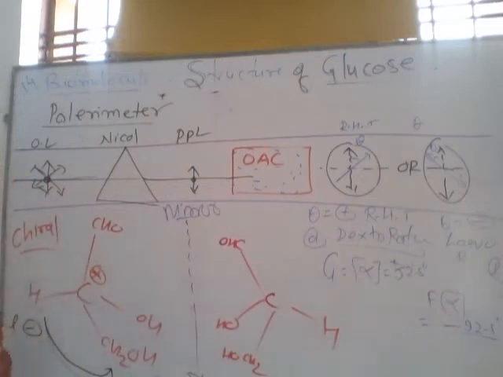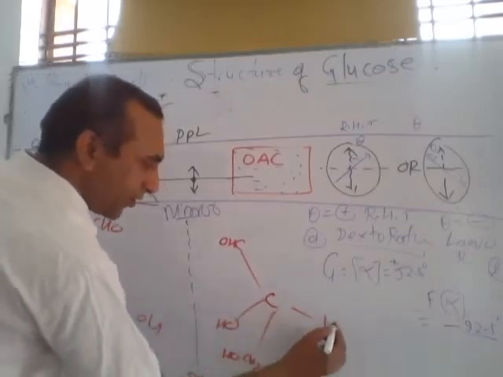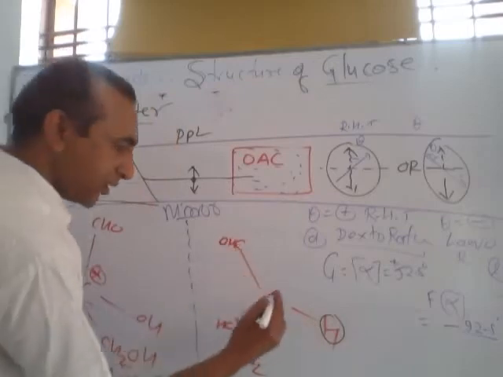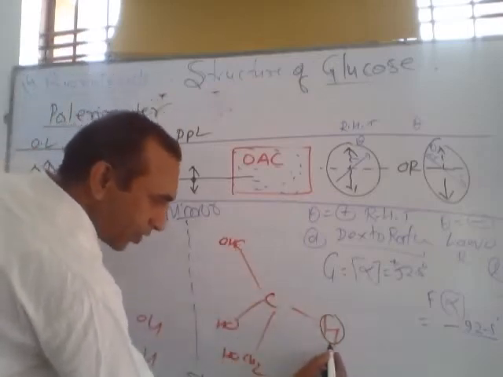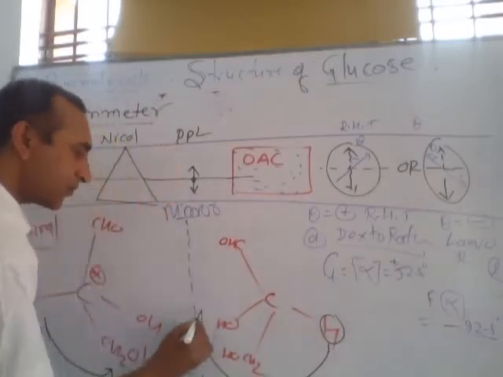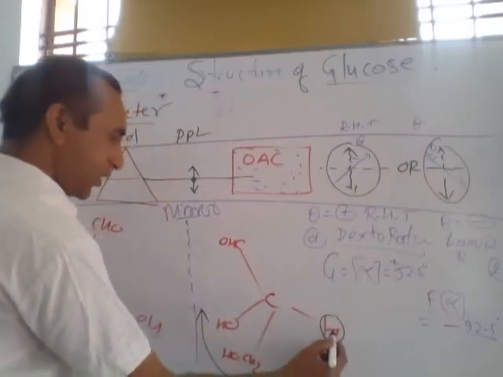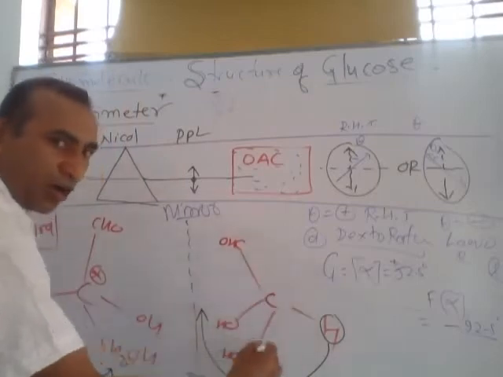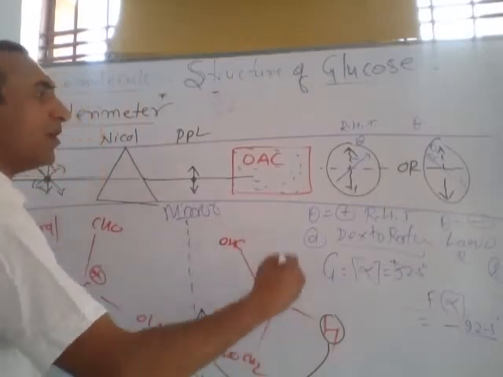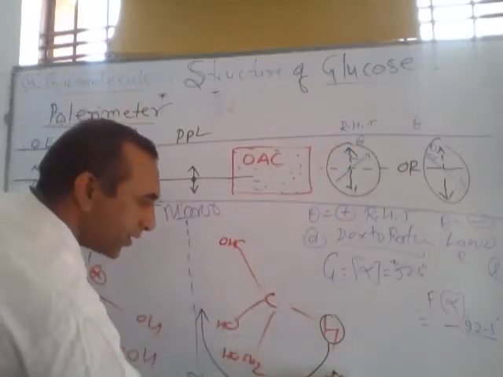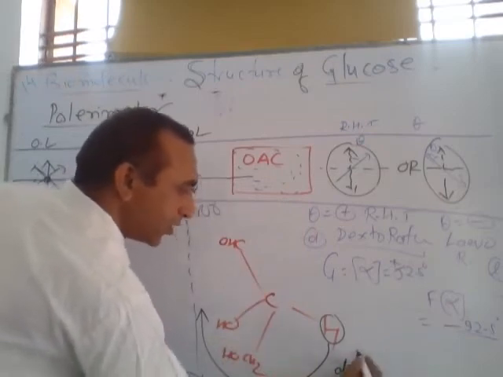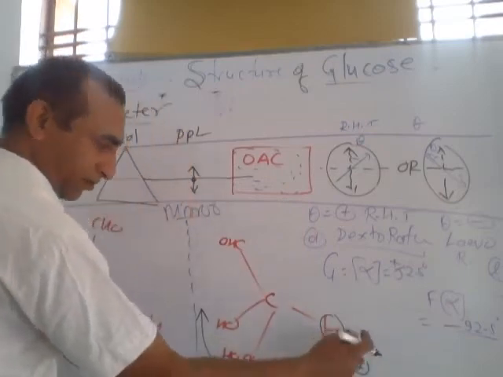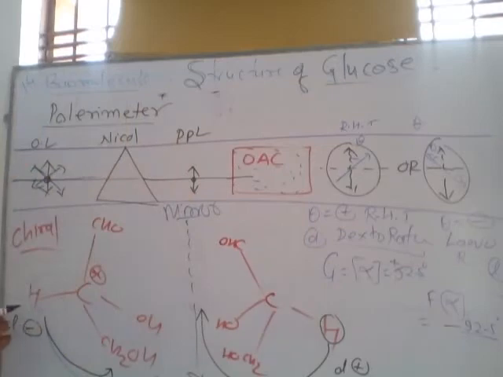In this other compound we also start from hydrogen because it is the smallest atom. Observe, this is clockwise rotation. Clockwise rotation means dextro, so this is called D, also represented as plus. So D means plus, L means minus.